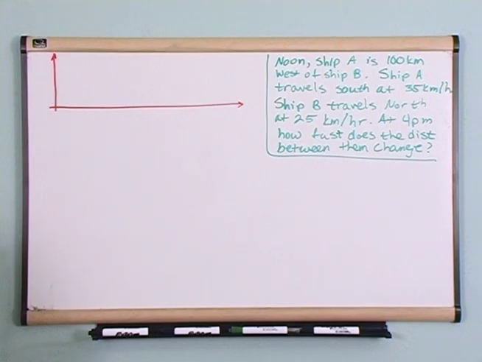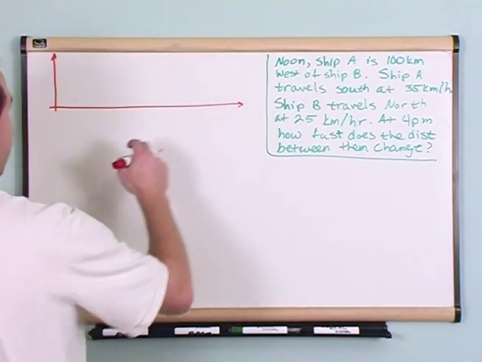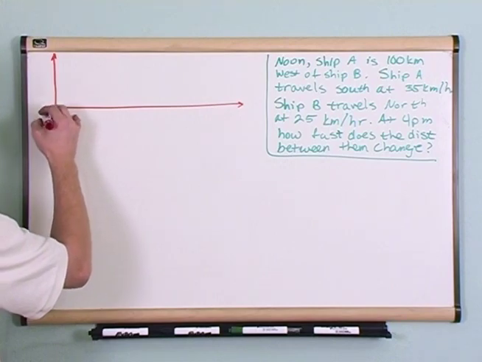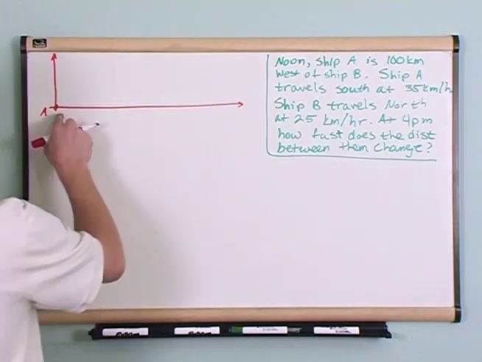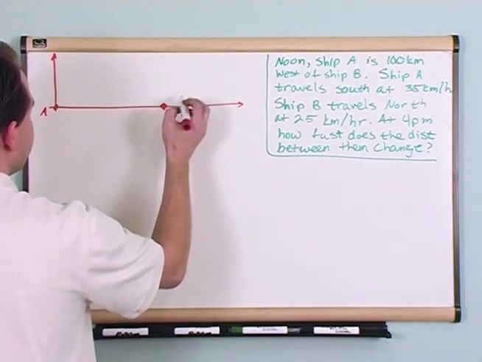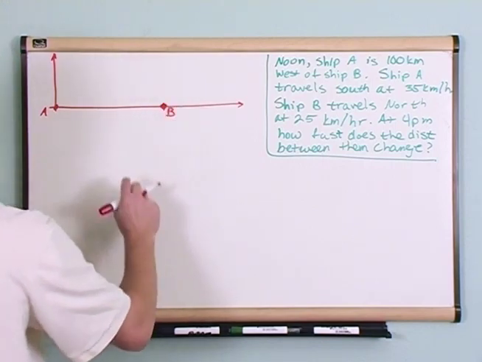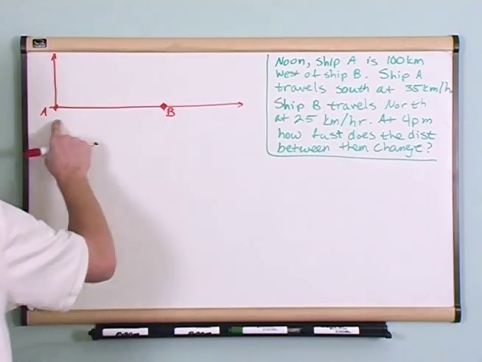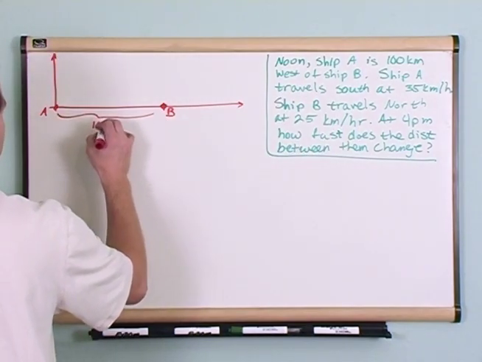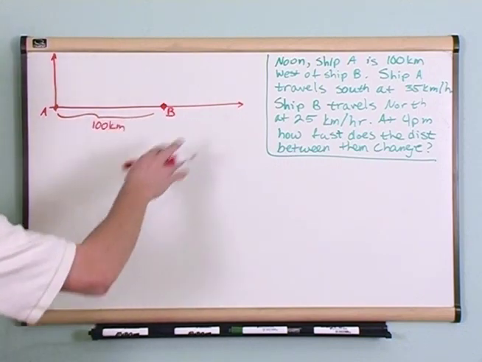Okay. What we're going to have is, at the origin here, I'm going to put ship A. Okay. Now 100 kilometers away, I'm going to put ship B. It tells you ship A is 100 kilometers west of ship B, so as long as I make this 100 kilometers, this is okay so far.